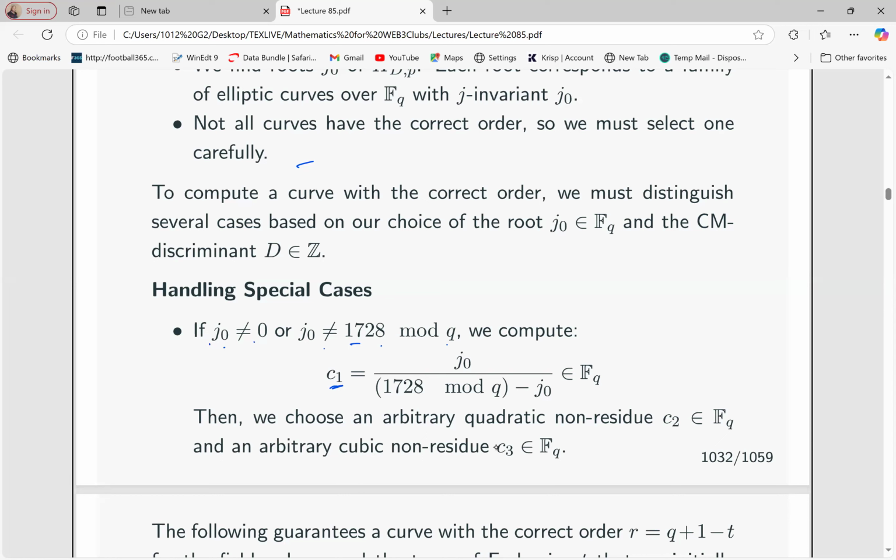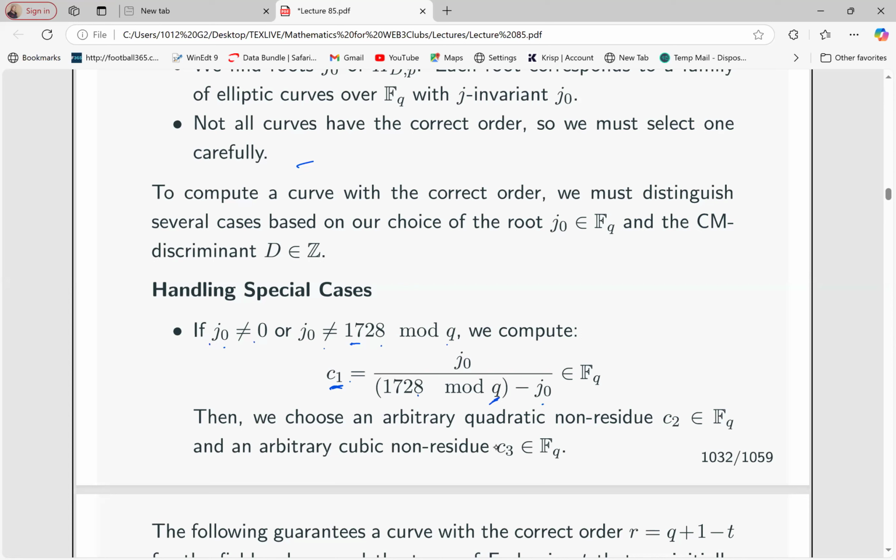If J naught that you've just computed using your Rust code is not 0 or 1728, then you calculate what we call C1. And this C1 is calculated as J naught over 1728 mod Q, minus J naught.